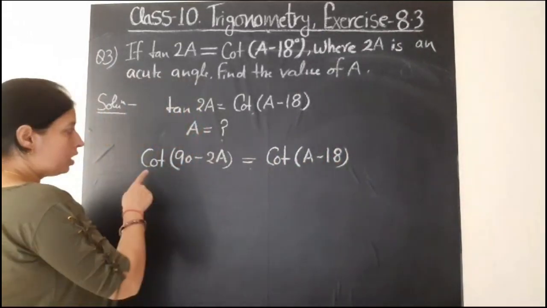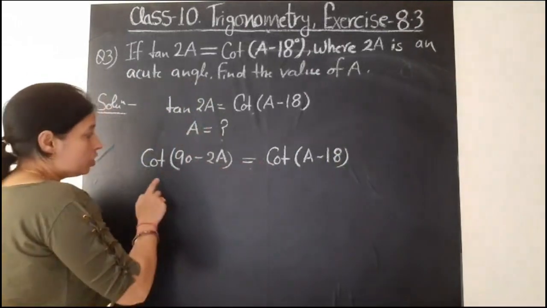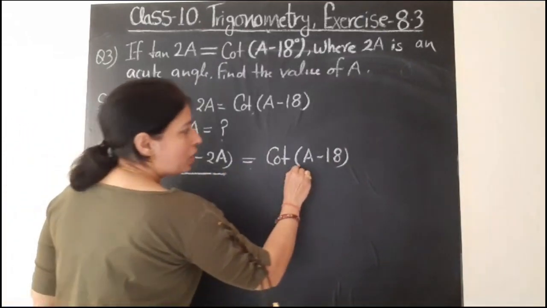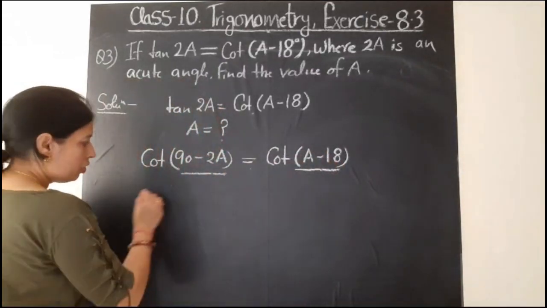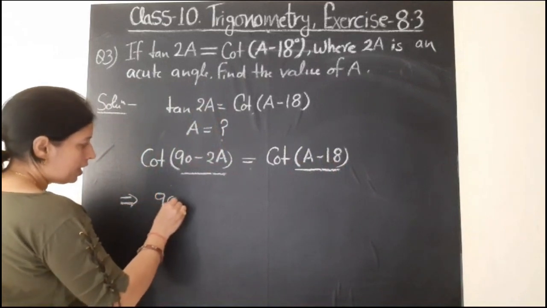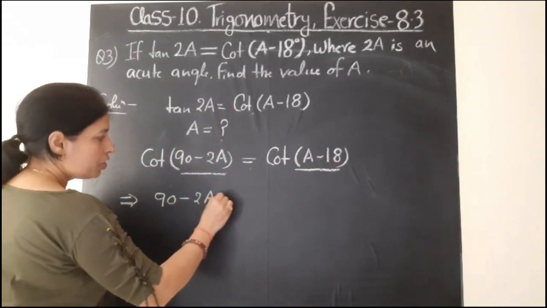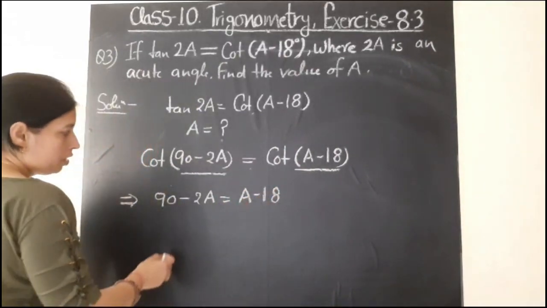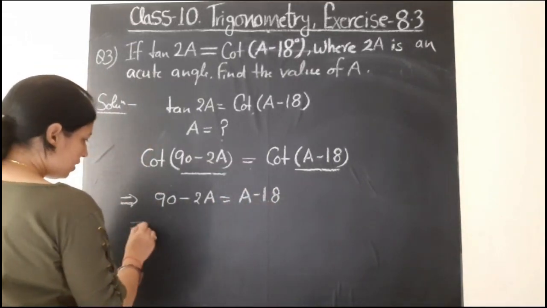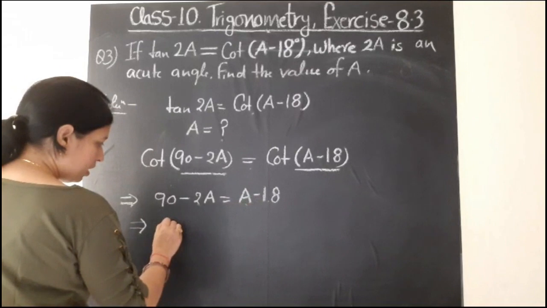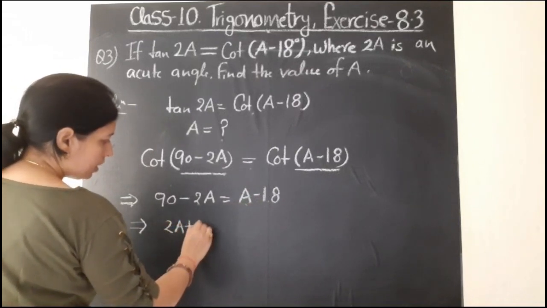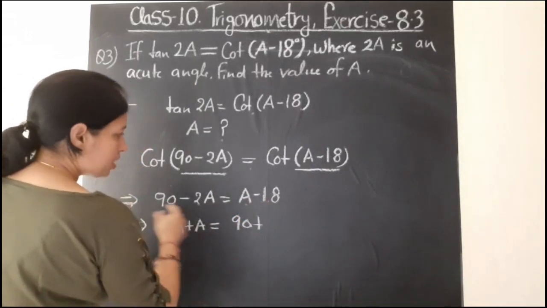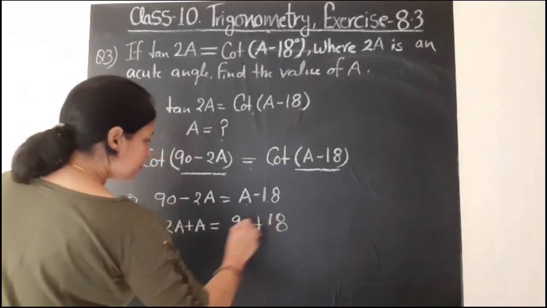Now we can compare, both are the same, here cot, here also cot. So you can see here 90 minus 2a will be equal to a minus 18 degree. So write 90 minus 2a is equal to a minus 18. So we can write 2a plus a is equal to 90 plus, this will come this side, so it becomes 90 plus 18.